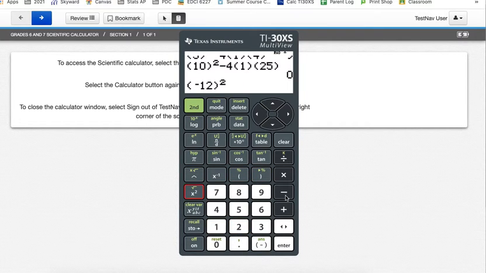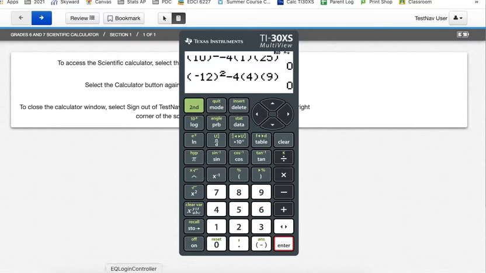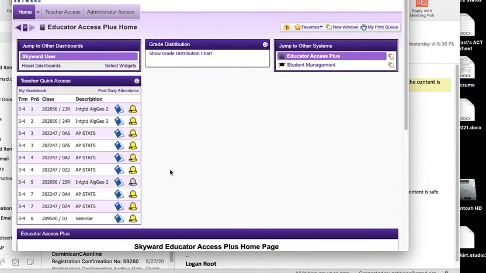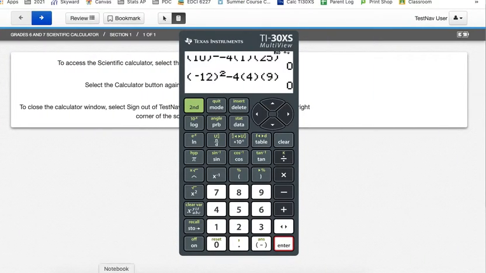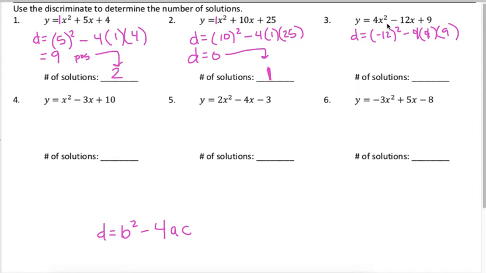So b squared minus 4ac, 4, 4, and 9. We got 0 again. So just like this time, even though we have a different equation, the discriminant still is 0, which tells us there's going to be 1 solution. It's just going to kiss the x-axis there.